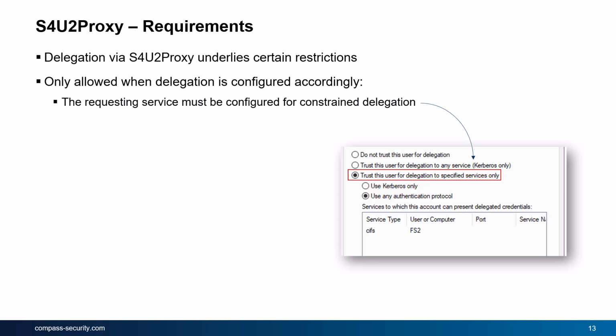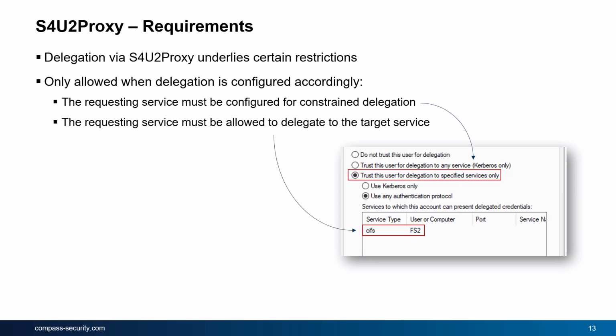That doesn't really matter in this case, but this, of course, must be enabled. And then the target service, essentially where the delegating service would like to have a ticket for, must be listed in this list of allowed targets for the delegation. And if both of those conditions are met, the service is allowed to invoke S4U2Proxy.